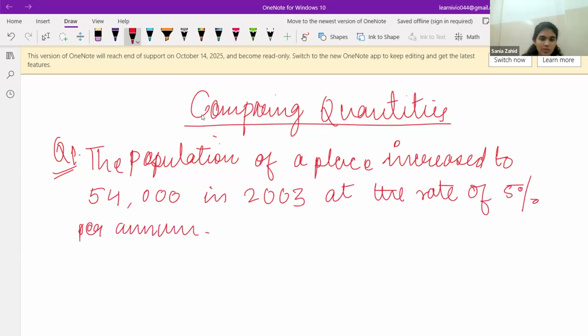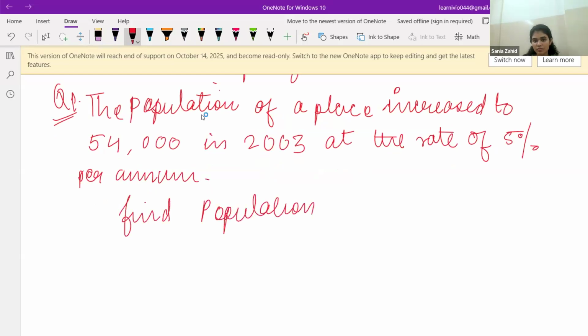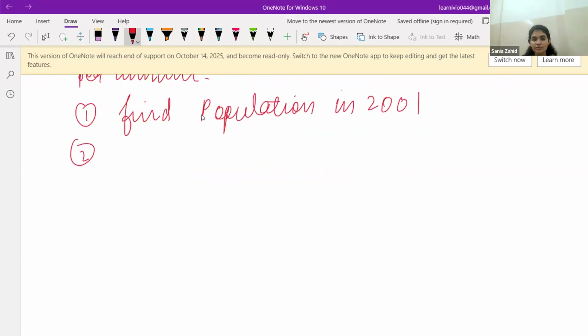Find the population in 2001. That is the first point, and the second point is what would be its population in 2005?